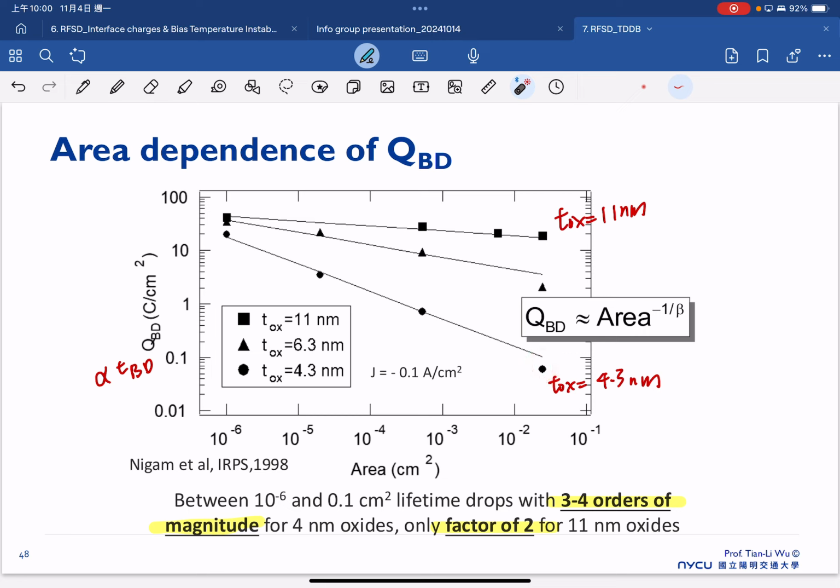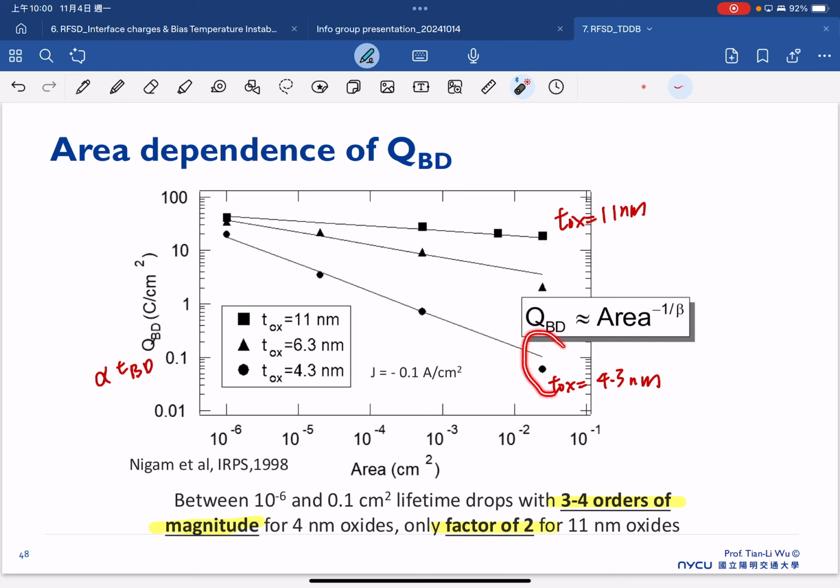So we can see the time to reach the breakdown dropped around 3 to 4 orders if we have the thinner dielectric. But in the case of the very thick dielectric, we have the smaller area dependency, and that's good. That means if we fabricate a bigger device, usually we will not suffer the TDDB issue.